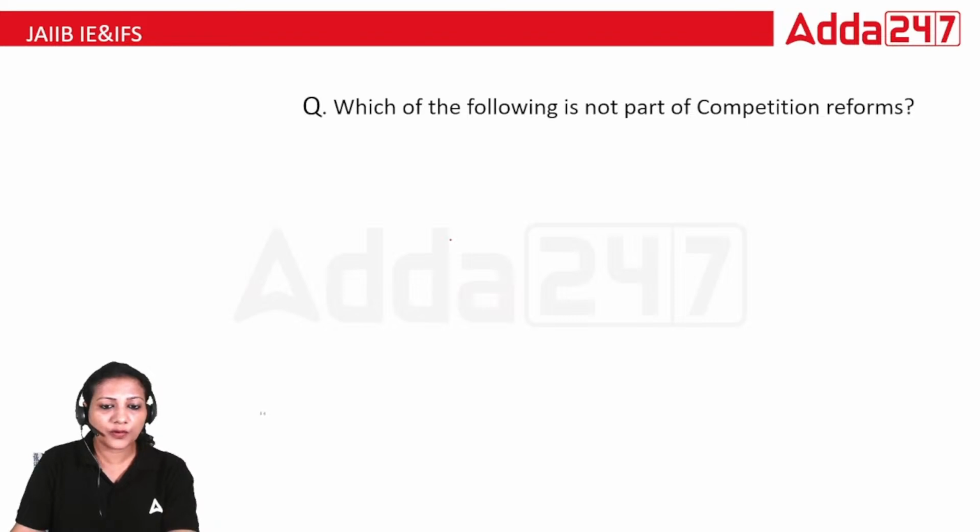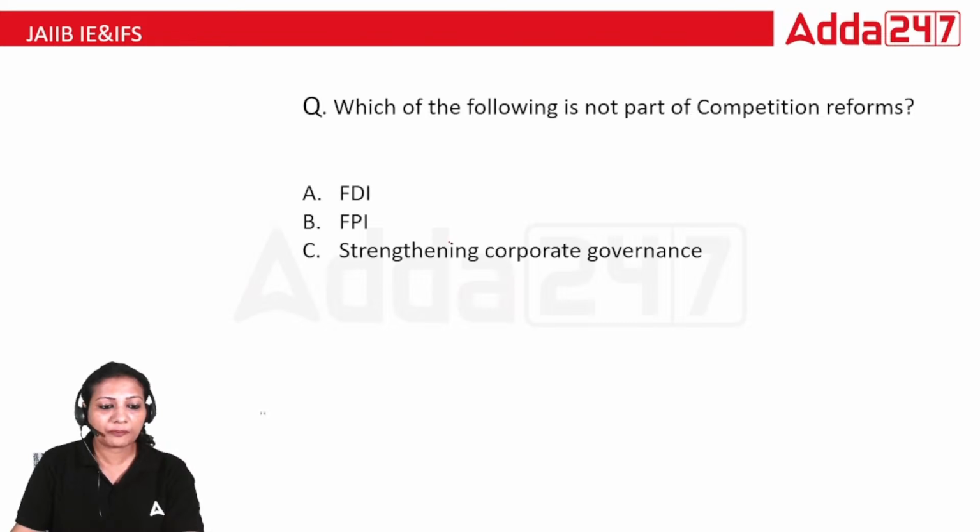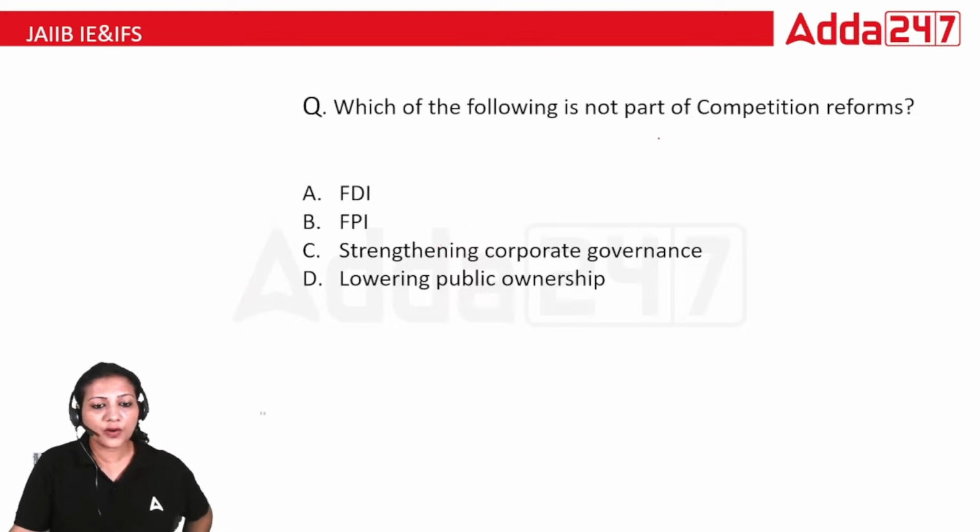Which of the following is not part of competition reforms? FDI, FPI, strengthening corporate governance, lowering public ownership. So first of all, we'll have to understand what competition reforms means and which of the following is not part of competition reforms.